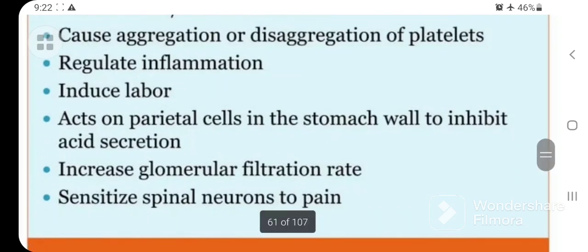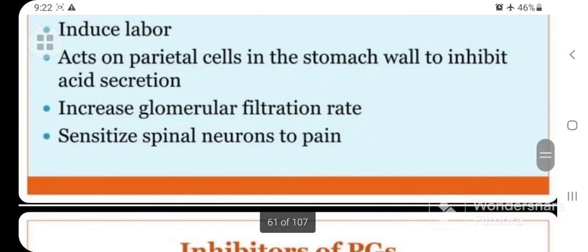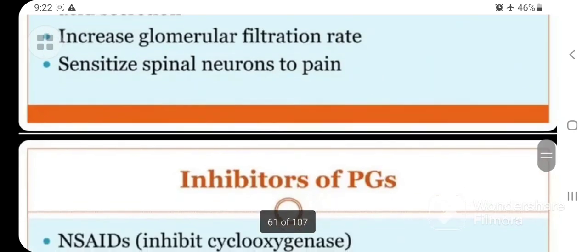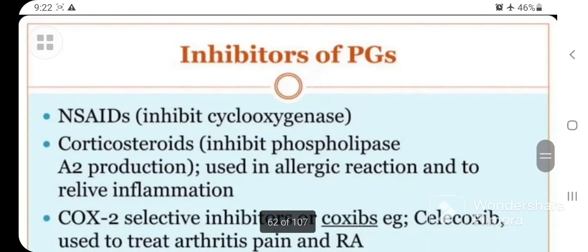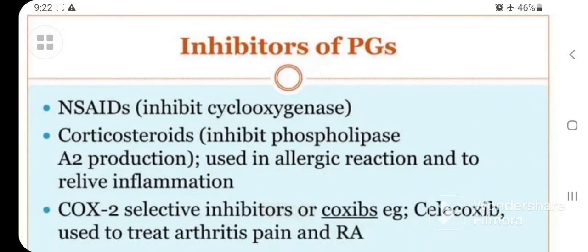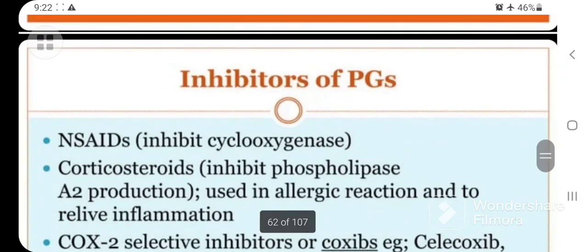Then they act on parietal cells in the stomach wall to inhibit acid secretion. They increase glomerular filtration rate, and sensitize the spinal neurons to pain. If prostaglandin is secreted excessively, it is very dangerous, and you will suffer from severe pain.